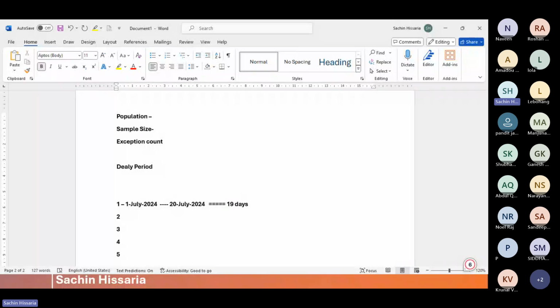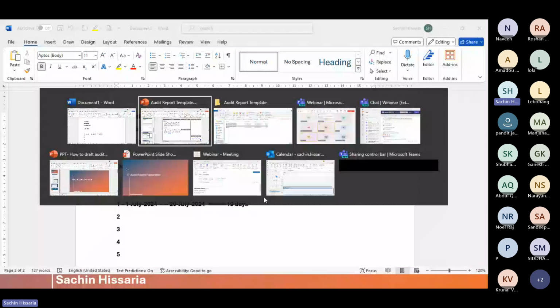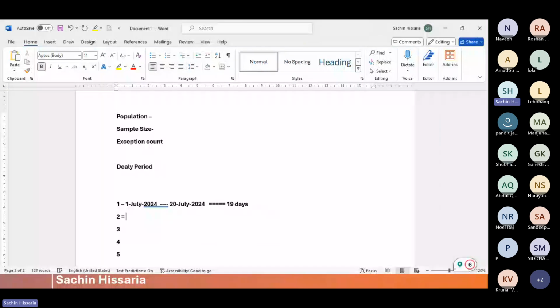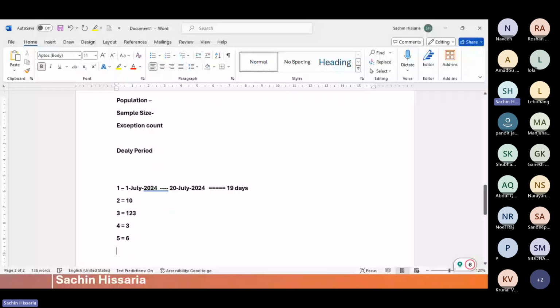So you will write the delay range. Delay was ranging from the minimum days. For example, in the first case 19 days, in the second case 10 days, in the third case the delay was 123 days, in the fourth case 3 days, and in the fifth case 6 days. So you will write a range: delay was ranging from 6 days to 123 days.